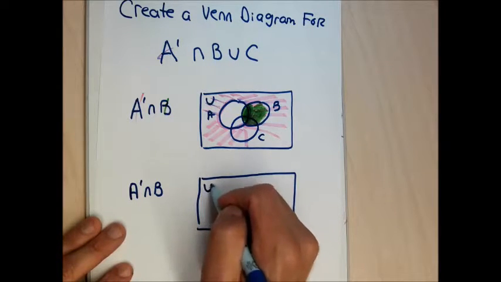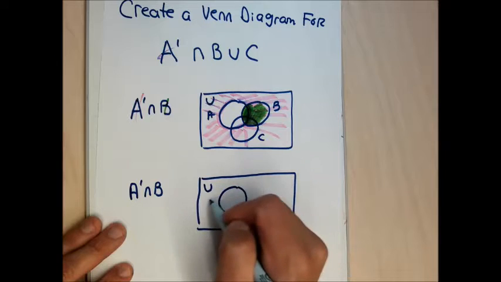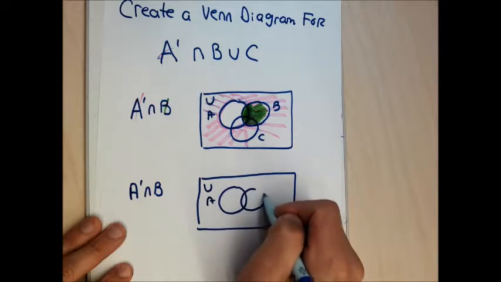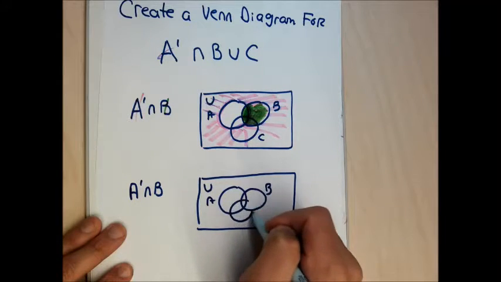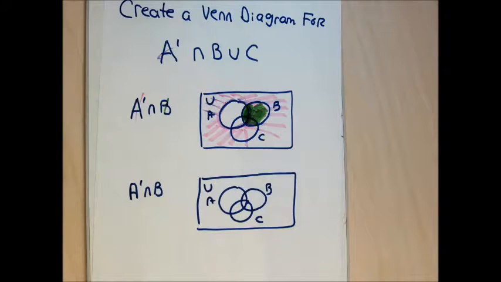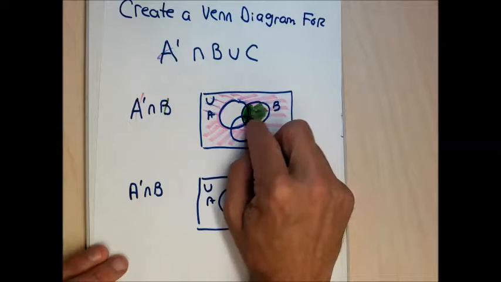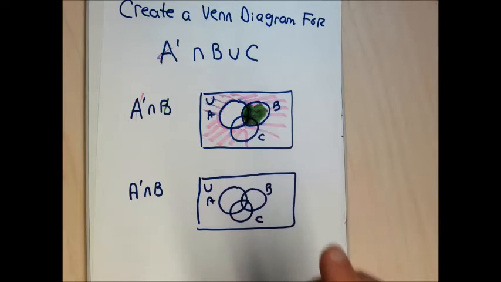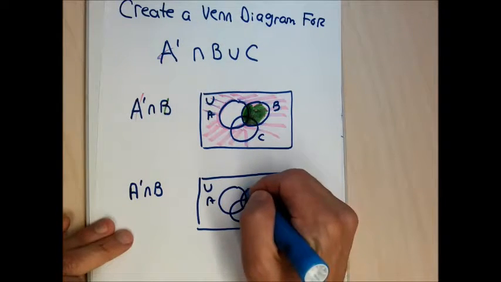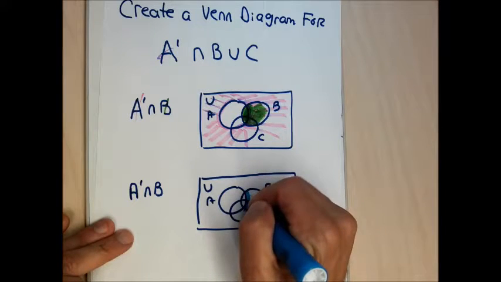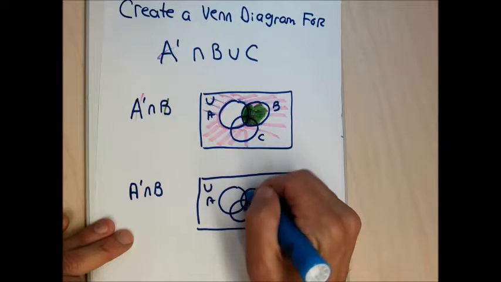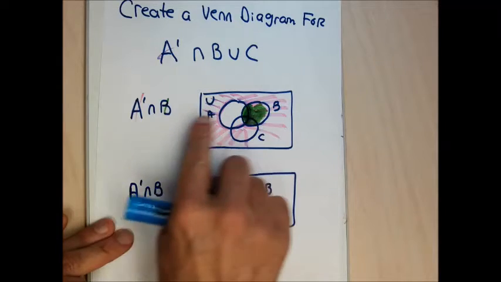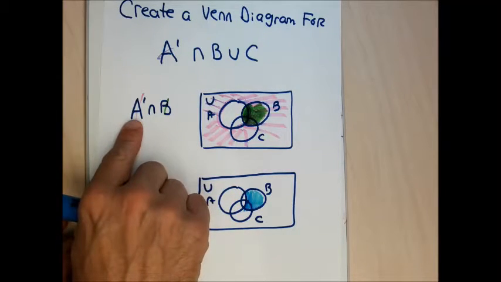So I have my universal set, my set for A, my set for B, my set for C. And I try to visualize where the shadings overlap. So I needed both pink and green shading, and let me just do this in lovely blue. So this right here seems to be the region that is the intersection of the pink and the green shading.